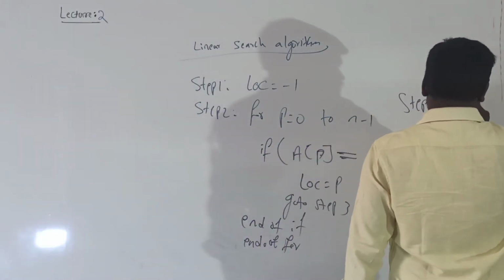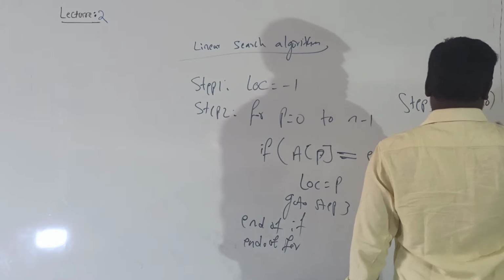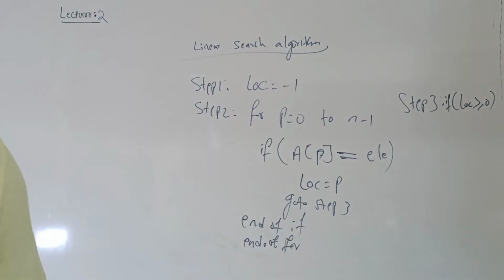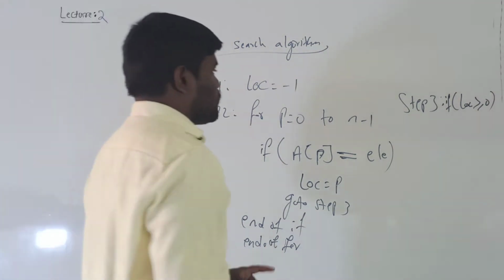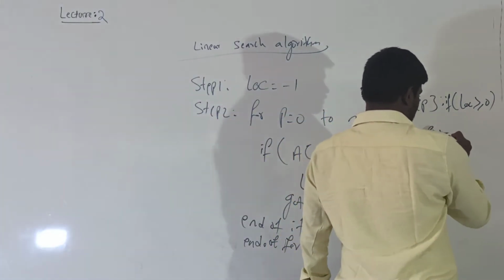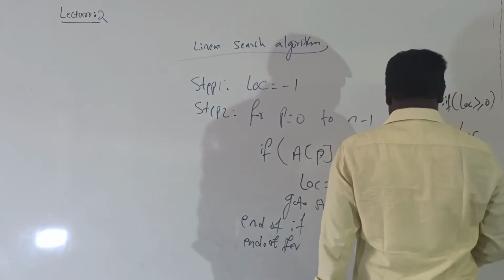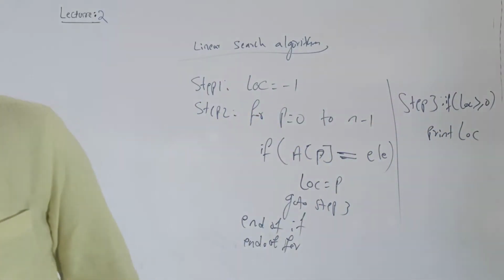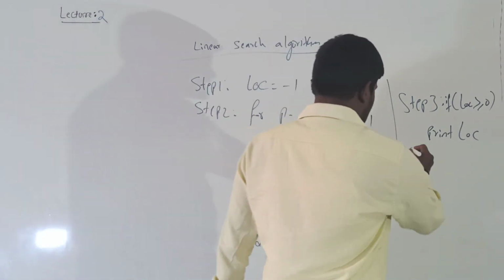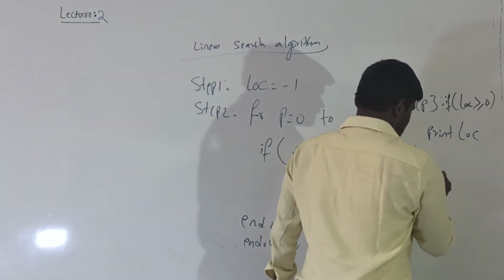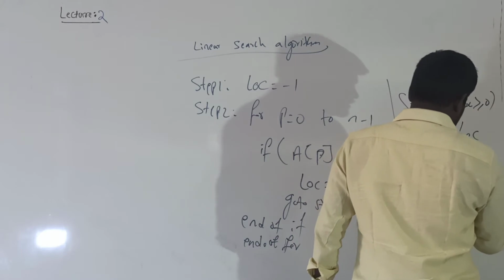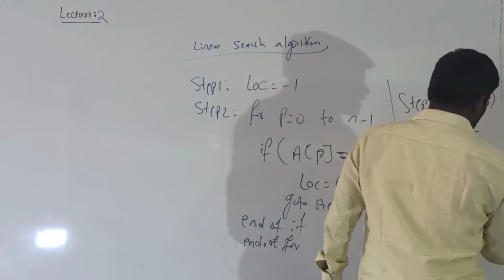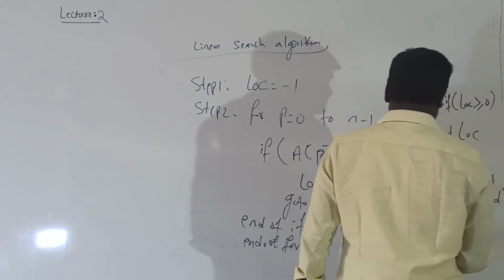Step 3: if location is greater than or equal to 0, it means we have to print the location. Print location. Otherwise, else print element not found or search unsuccessful.